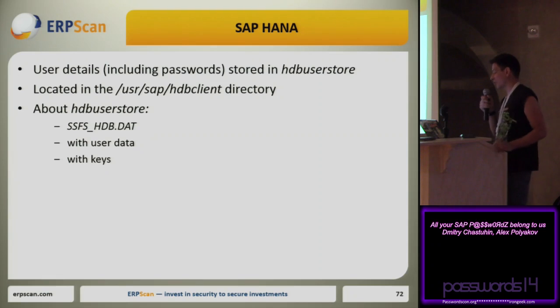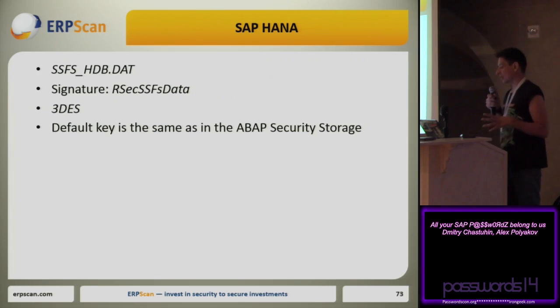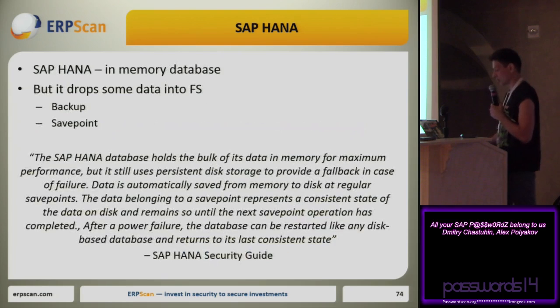The default location of this storage is on the screen, and all information is placed in the file SSFS_HDB.DAT. As in ABAP security storage, HANA uses the triple DES algorithm, and what is interesting, HANA uses for encryption the same default hard-coded key.